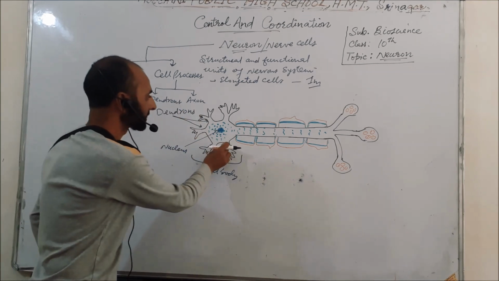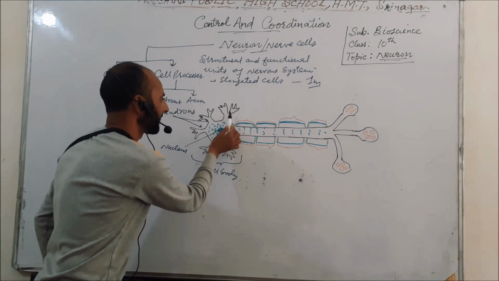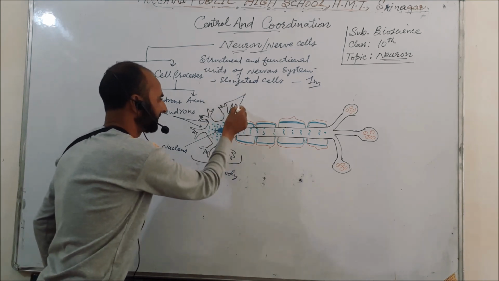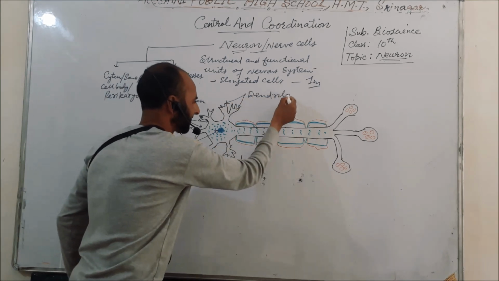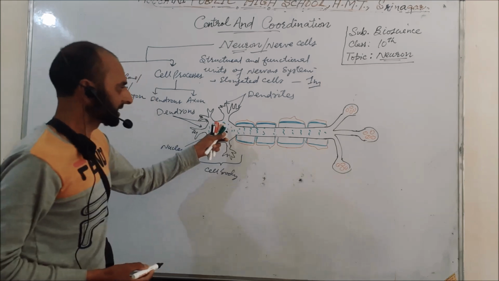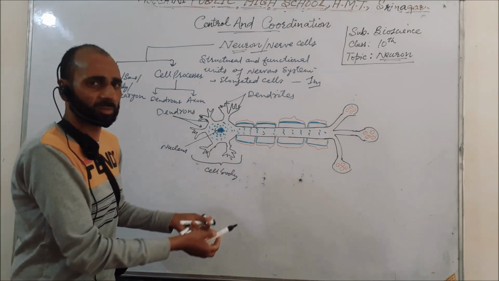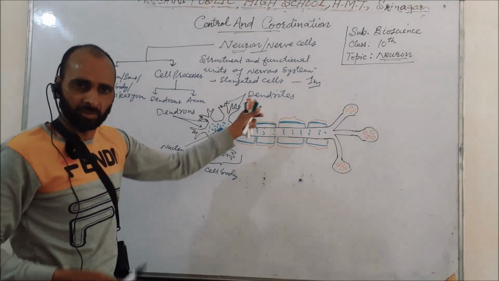Now these dendrons again divide into still smaller branches, and these branches are called dendrites. The processes arising from the cell body are called dendrons, and the still smaller branches of the dendrons are called dendrites.